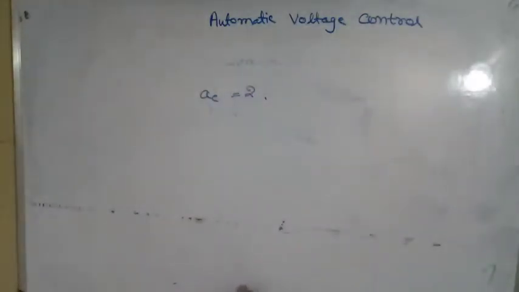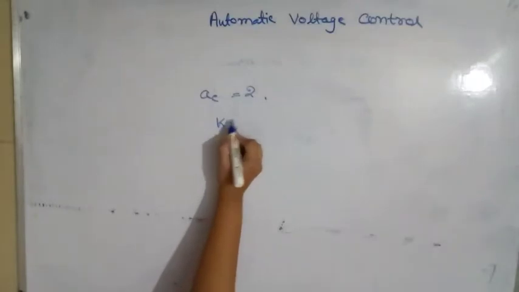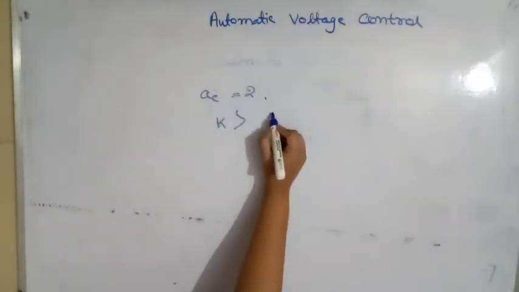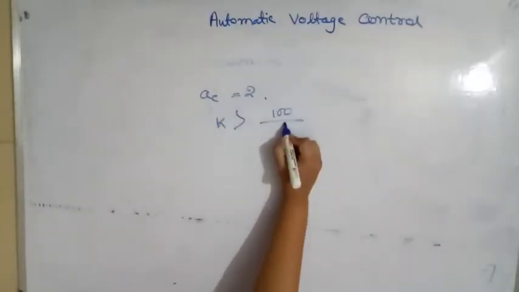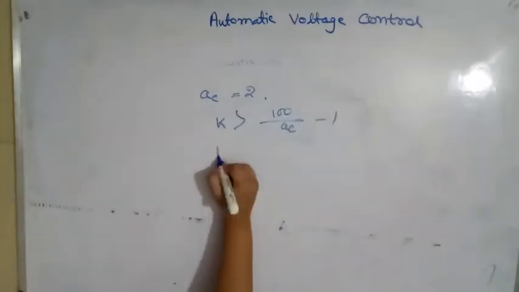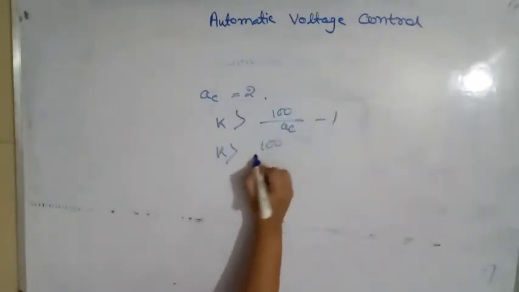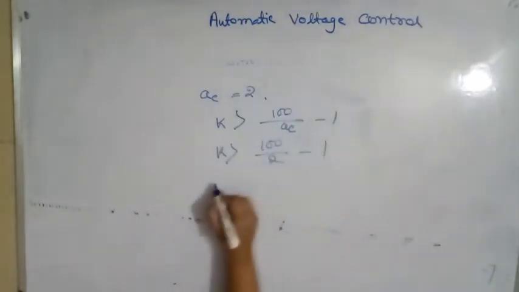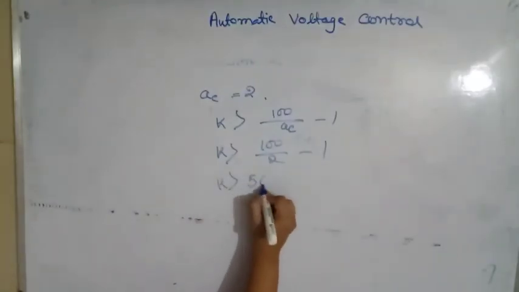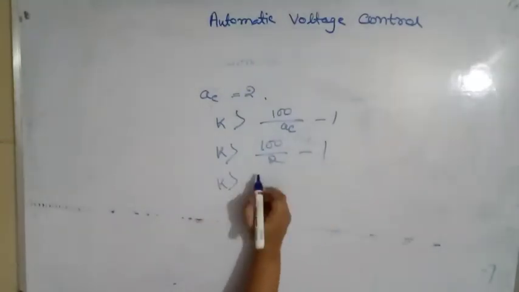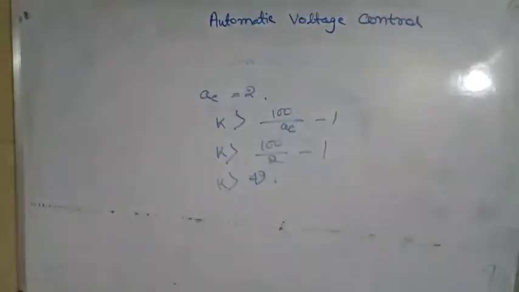The open loop gain of the AVR loop is given by K greater than 100 by AC minus 1. So K greater than 100 by 2 minus 1. So K greater than 49. Thus if the open loop gain of the AVR loop exceeds 49, then only it is possible to keep the static accuracy limit within 2%.